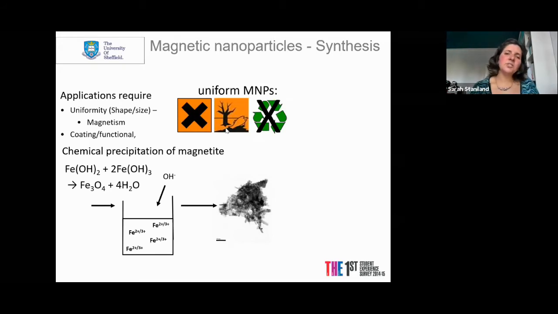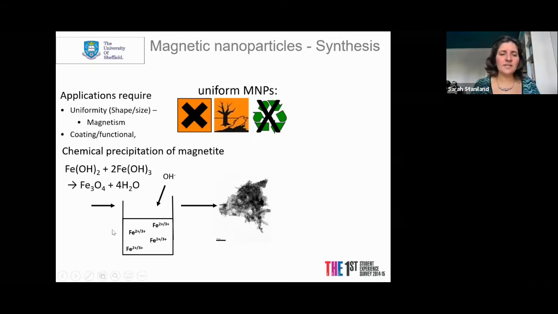We really want to produce particles in a way that isn't harmful and isn't toxic to the environment. The best way to do that is something simple like a room temperature co-precipitation of magnetite. This is where we get ferrous ions and ferric ions in solution, and we simply make them insoluble. We get them to fall out of solution as the co-precipitate of magnetite by raising the pH.